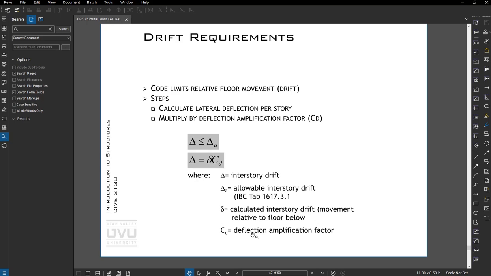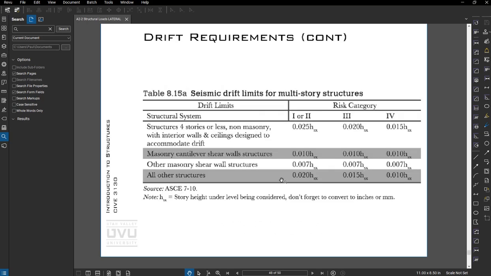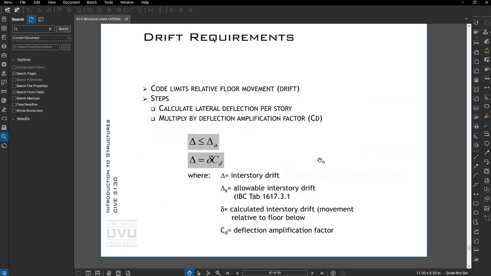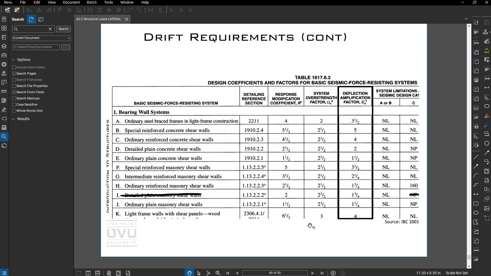So when I compare this table, I want to compare it to my actual calculated deflection times that amplification factor. All right, so you can see for different types of systems, and this is from a different table than what we've been looking at so far, I get my values there.